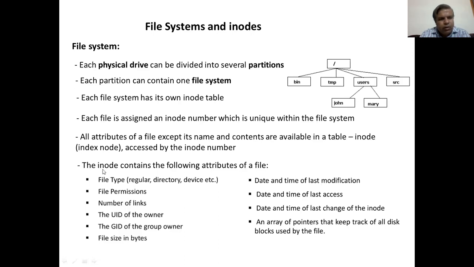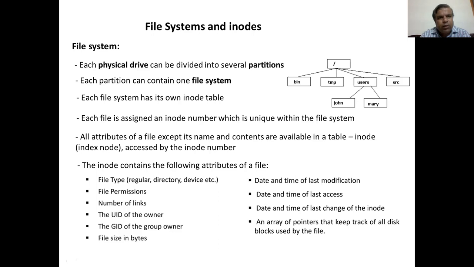The inode is a data structure containing all the attributes of a file. Which attributes? File type, which may be regular, directory, device, etc. Then file permissions, number of links, the UID of the owner, the GID of the group owner, file size in bytes, date and time of last modification, date and time of last access, and so on.